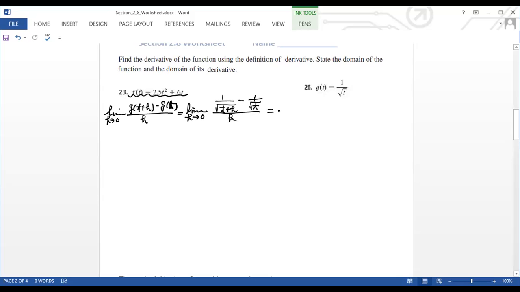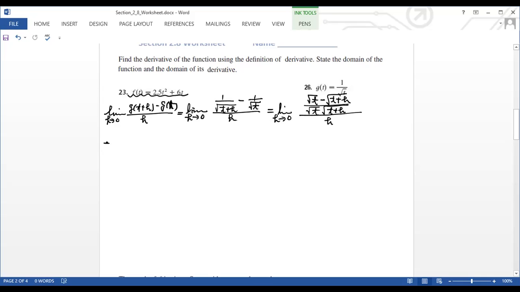Okay, so now this is the limit as h approaches 0 of, over h, then you take a common denominator. The common denominator is the square root of t times the square root of t plus h, right? You just multiply the denominators. Then the numerator is the square root of t minus the square root of t plus h.